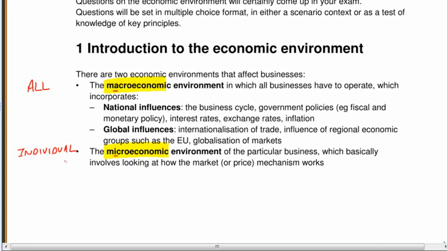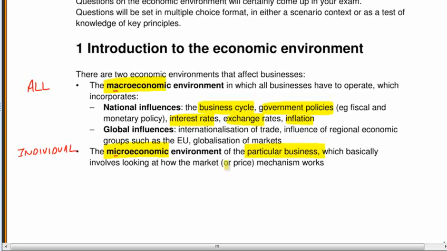So macroeconomics is all about this stuff that you see in the news all the time. Things like the business cycle, boom and bust. It's all about government policies, and you may have heard of fiscal and monetary policies, interest rates, exchange rates, inflation. So it's all the big stuff which affects the whole economy. Microeconomics is individual markets, individual businesses.